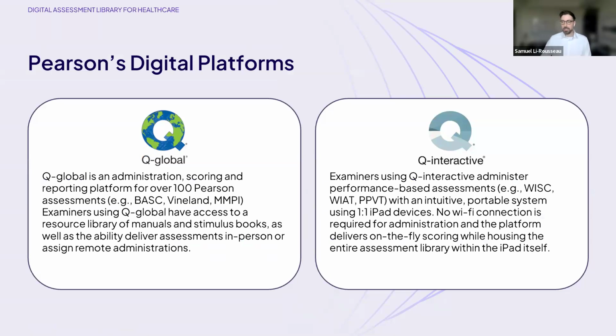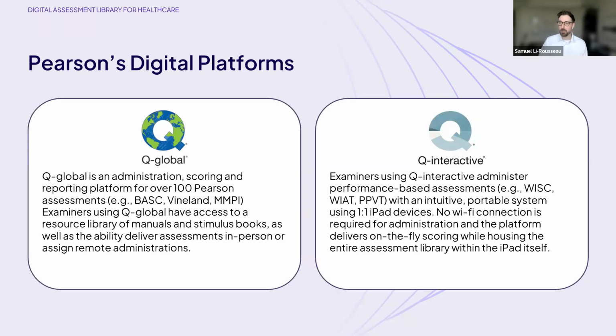Now, if you're joining us today, you're probably already aware of our two digital platforms, but if not, that's okay too. It can be a little bit confusing as they both start with the letter Q, but we have Q Global and Q Interactive, and they're both used together oftentimes. The likelihood that you're using Q Interactive and Q Global together is probably high.